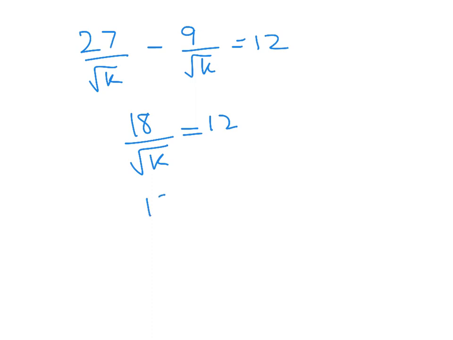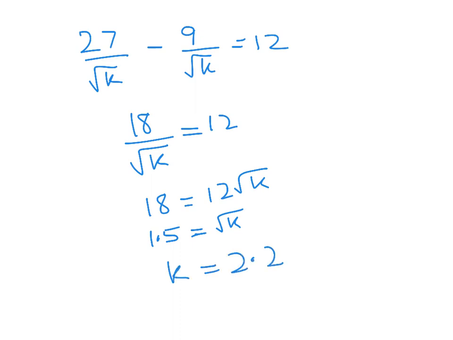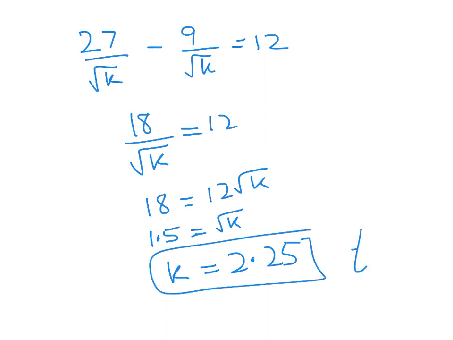So 18 equals 12 root k, going very slowly, 1.5, I will even write 1.5. People in my class know that decimals are usually bad, but that's okay. 1.5 is root k, and so final answer, squaring both sides, k is equal to 2.25.